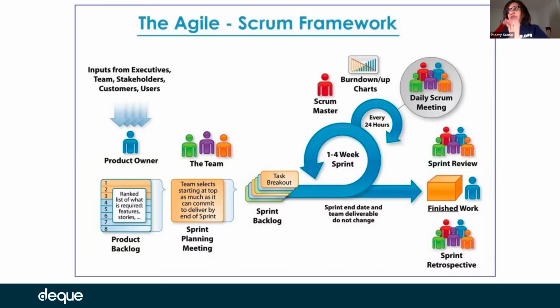The development starts right there, and you have a scrum master, you look at the burn down chart, and you have daily stand-ups to make sure you're on track. What's really critical is that in this 1 to 4 week sprint, you're doing all your unit testing, and most of your unit testing is actually automated.